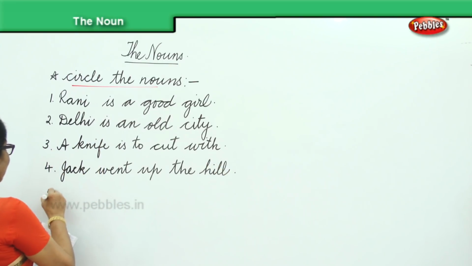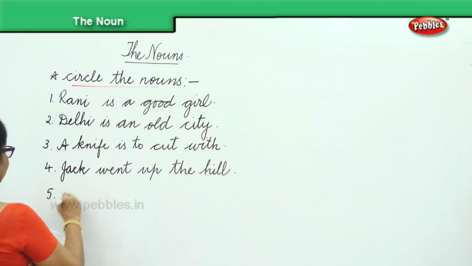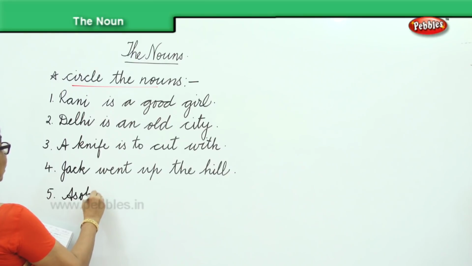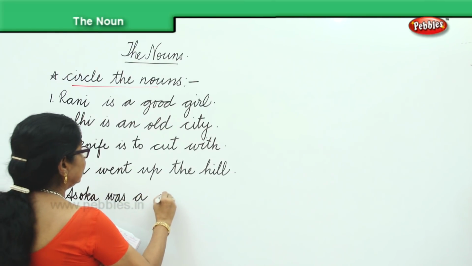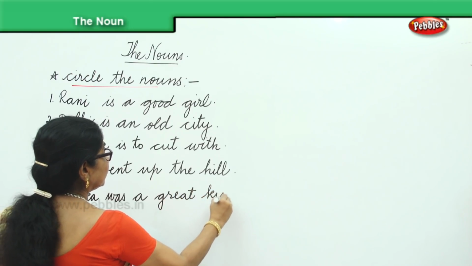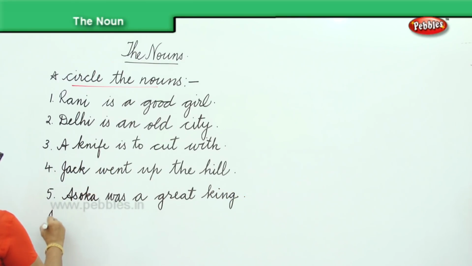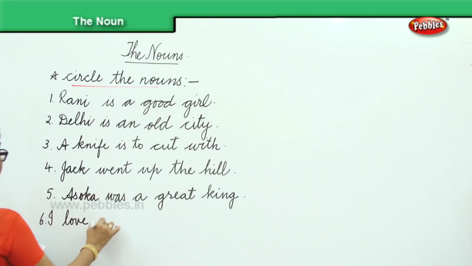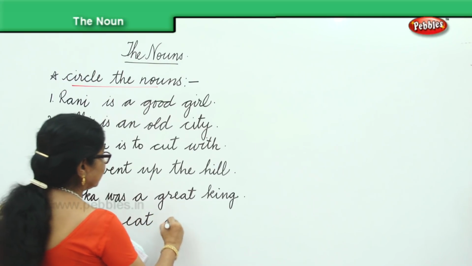Then I have for you, Ashoka was a great king. I love to eat chocolate.